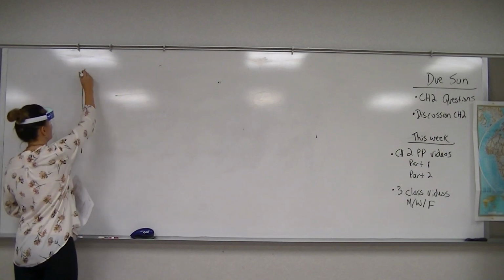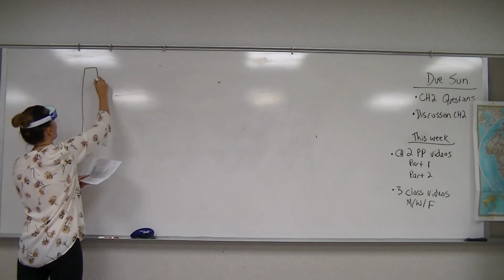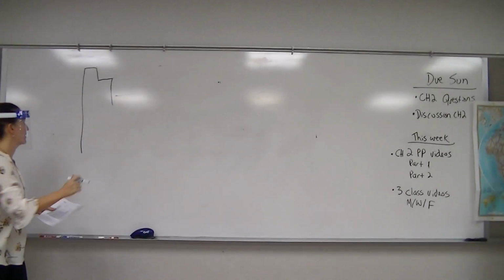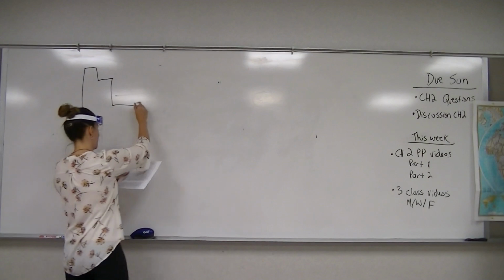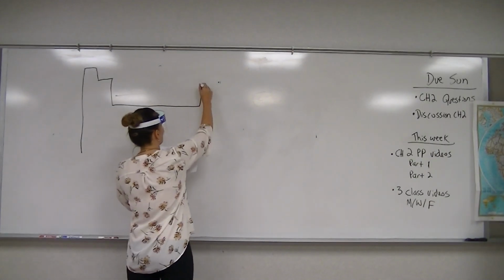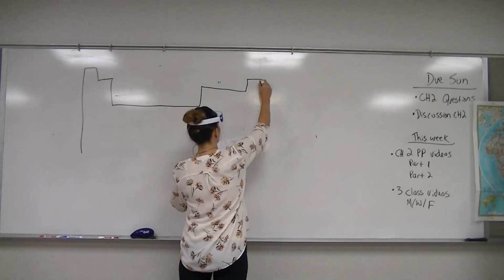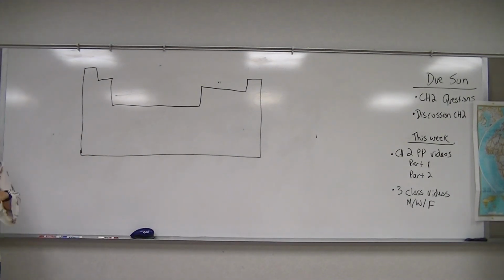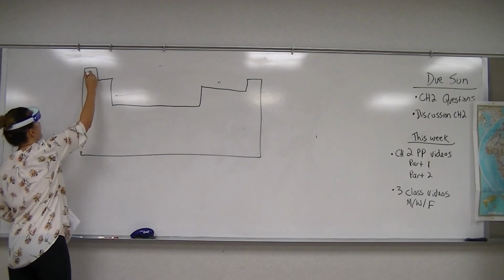What we're going to be using this next section for is if you are given an element, you need to be able to tell me if it's a metal, a non-metal, or a metalloid. You also need to be able to tell me, if it's in one of our special groups, which special group it's in. Okay, so I'm just going to write a few of the elements here.